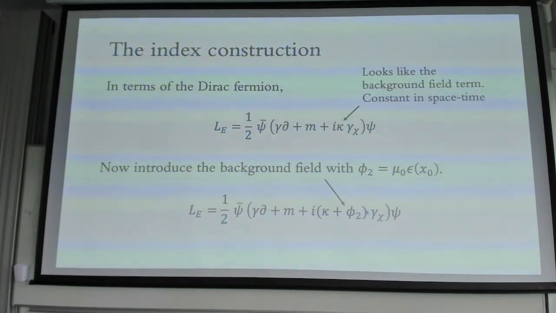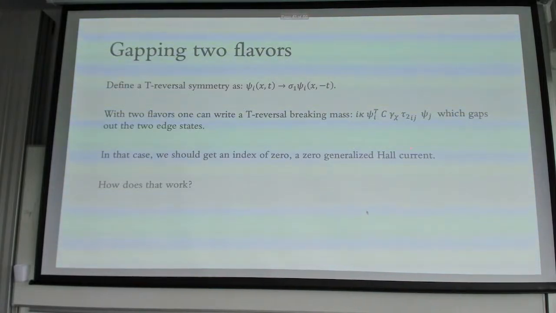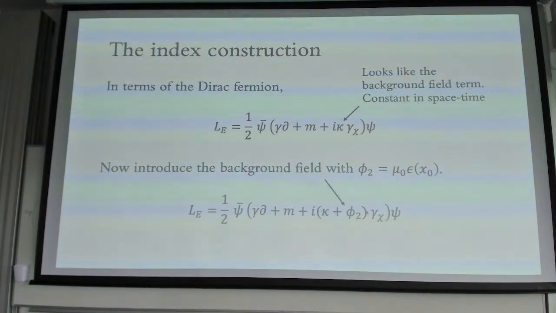So this is what happens. If I take this mass term and write it in my Dirac fermion theory, this term looks like the background field term that I was introducing, okay? And again, note that in this example, I haven't doubled the number of degrees of freedom.